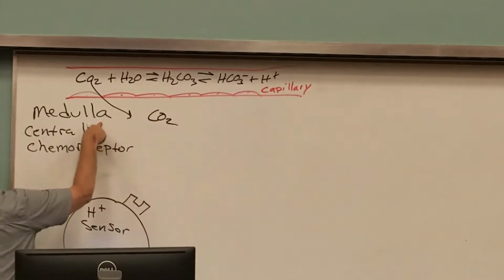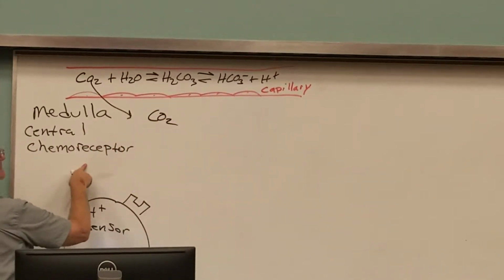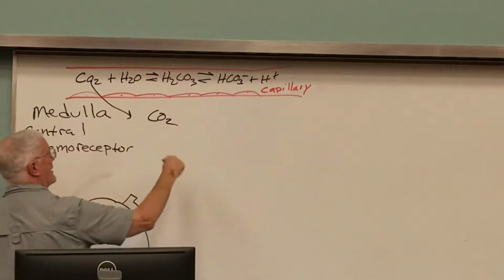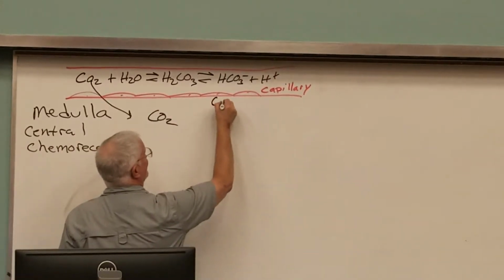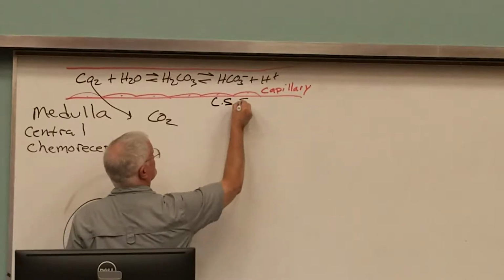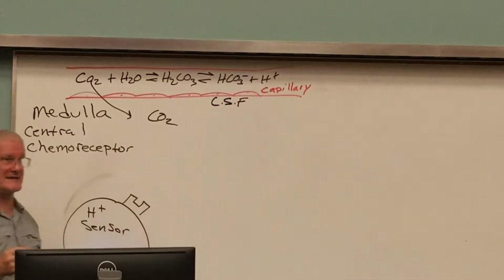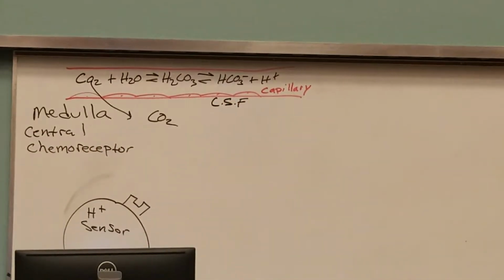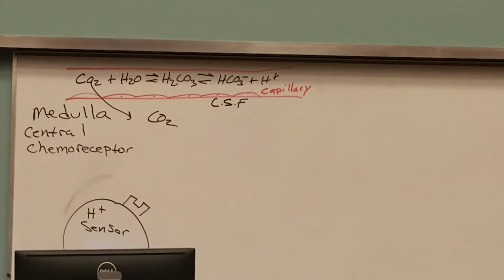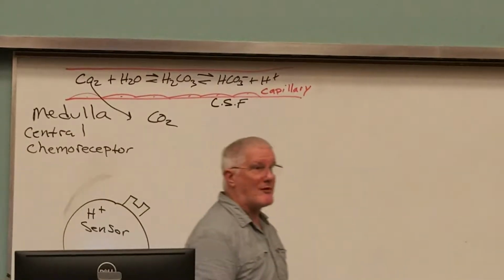Well, if this is the medulla's central chemoreceptor, this is actually an environment of CSF. Remember what CSF stands for? Cerebral spinal fluid. Okay, let's get those 241 cobwebs shaken. What is CSF mainly comprised of?